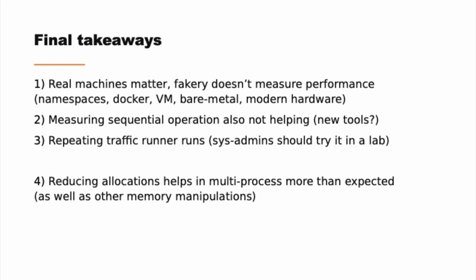One other interesting thing was that it's surprising how much reducing allocation helps in the multi-process case, as well as other memory manipulations. When you look at it sequentially, or when it's not under load, it doesn't look like it would improve that much.